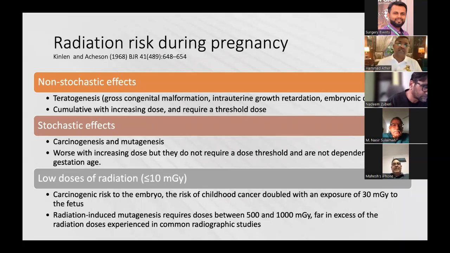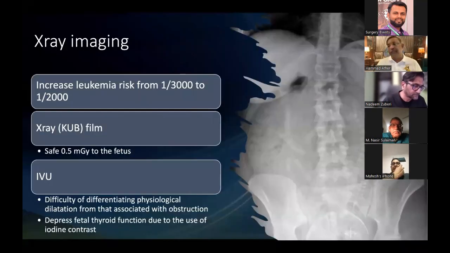And these effects are really dose related, so the amount of radiation that is administered matters. Fortunately, all these effects are seen with high doses of radiation, something that is not really administered in any of the modern day imaging. For less than 10 milligray radiation, these effects are hardly seen.